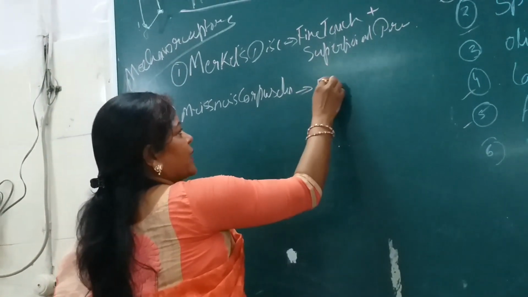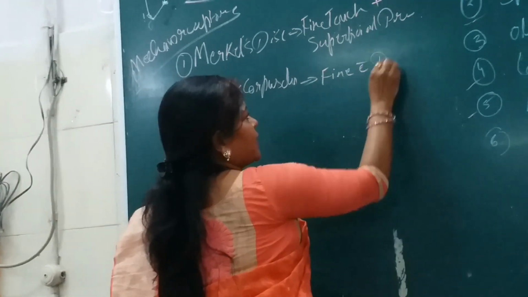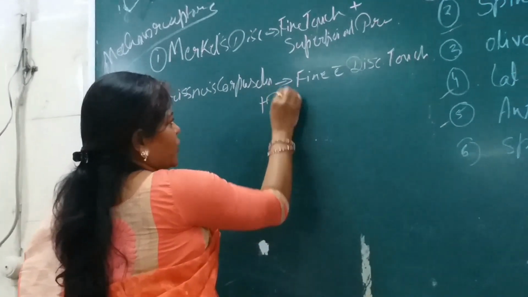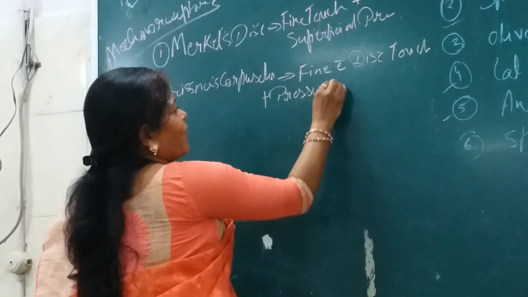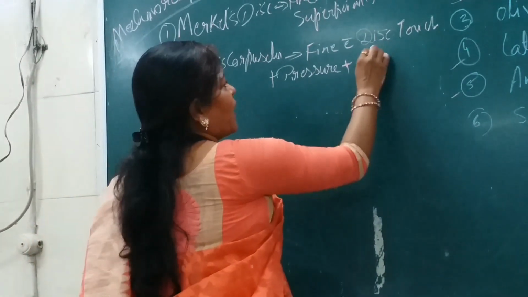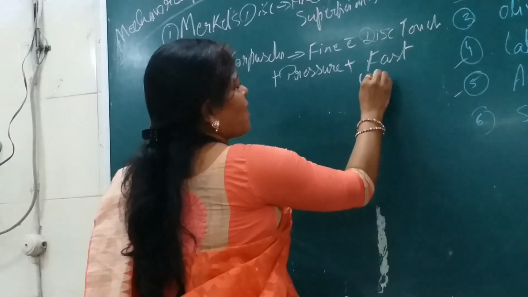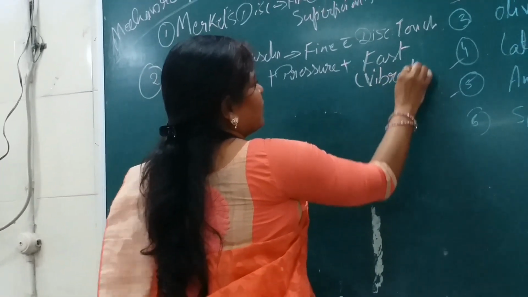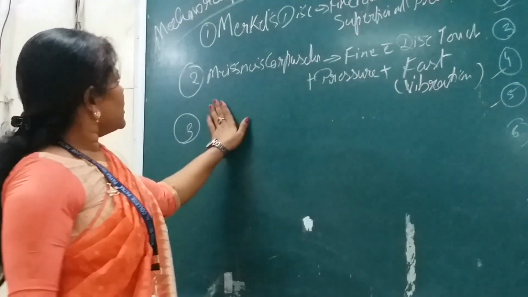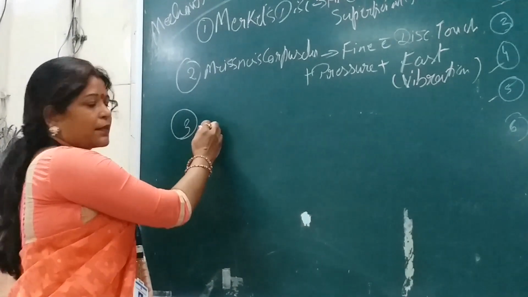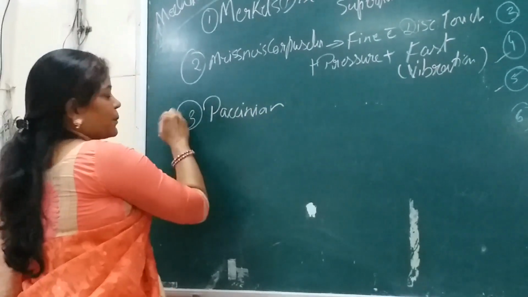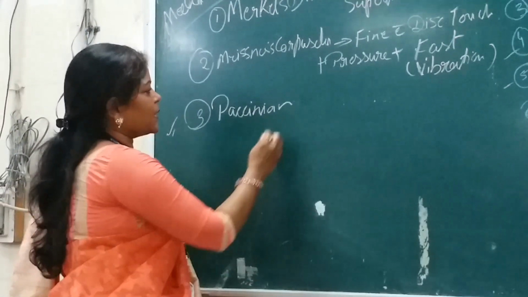Fine, again fine and discriminative touch, plus pressure, plus vibration, fast vibration. Then comes the Pacinian corpuscles. These Pacinian corpuscles are often asked in the objective. Pacinian corpuscles.